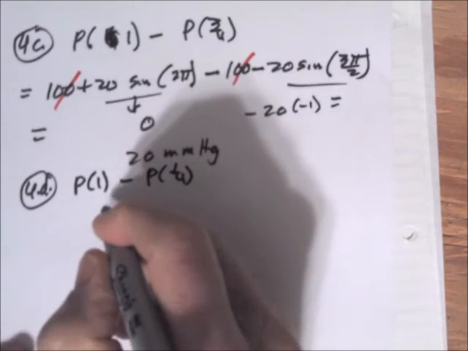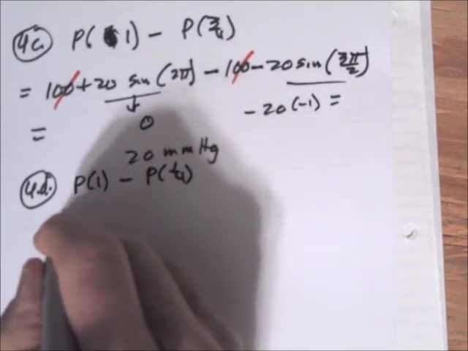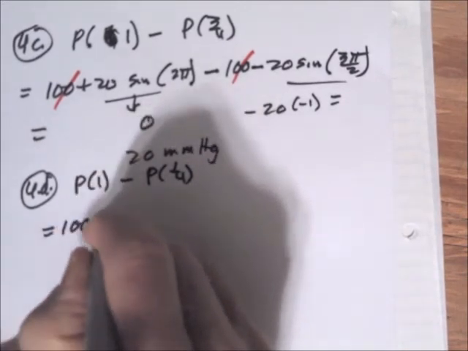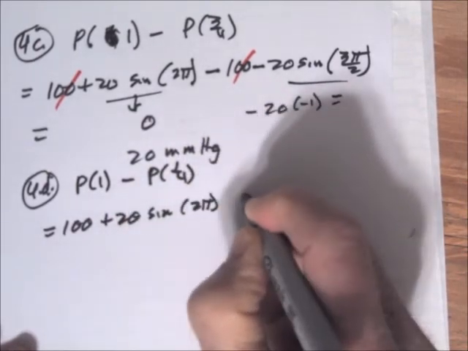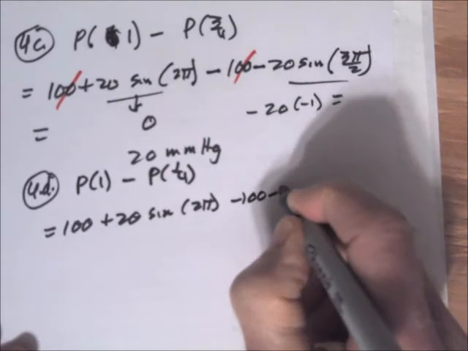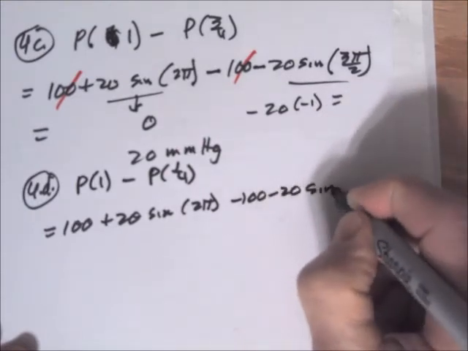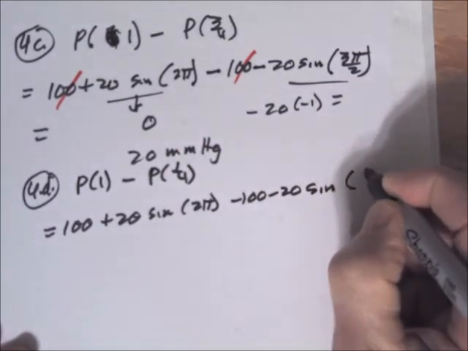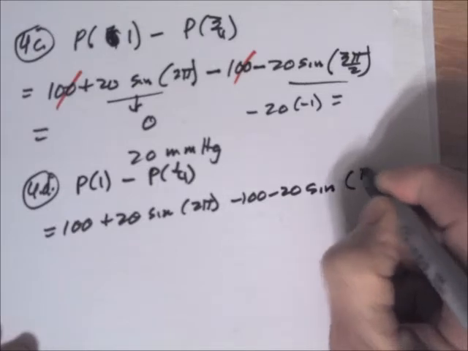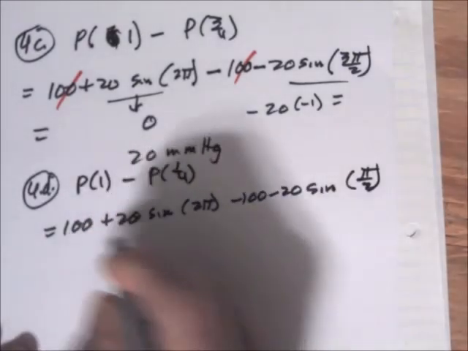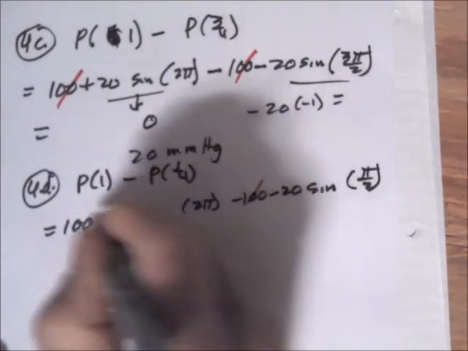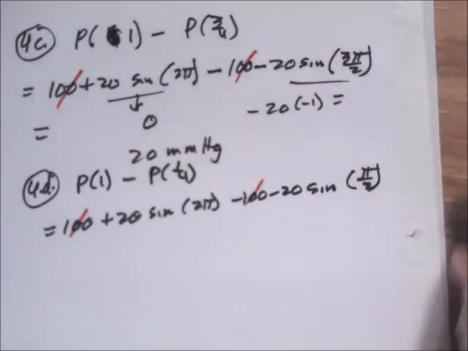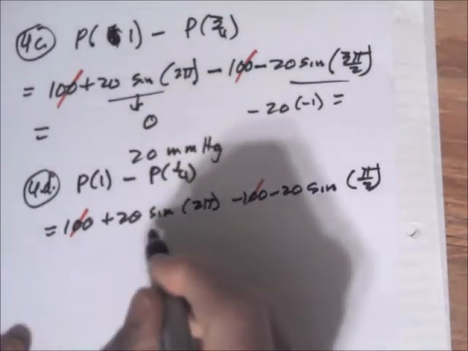So it's going to be 100 plus 20 sine 2 pi minus 100 minus 20 sine of pi over 2. 100 minus 100 cancels, and sine of 2 pi is 0.